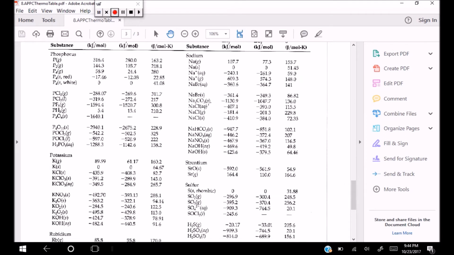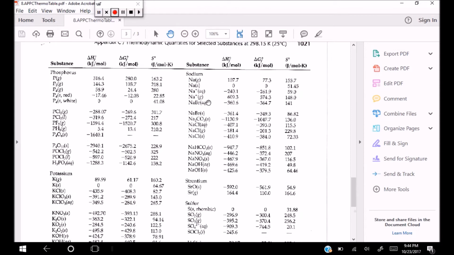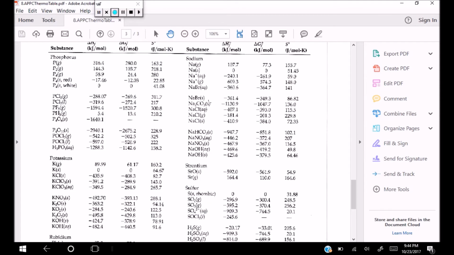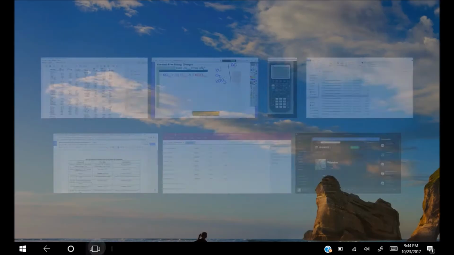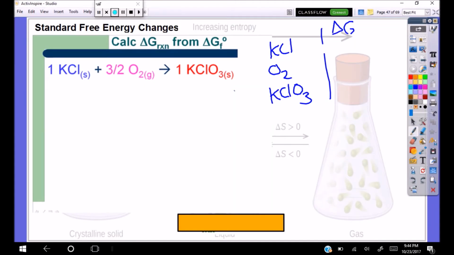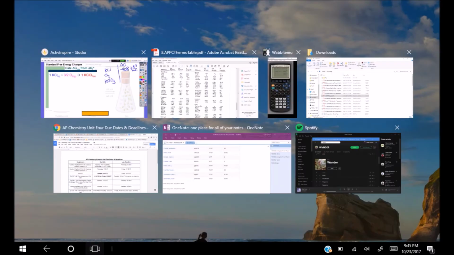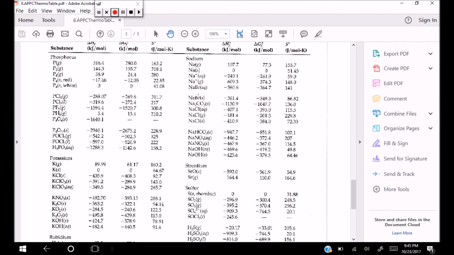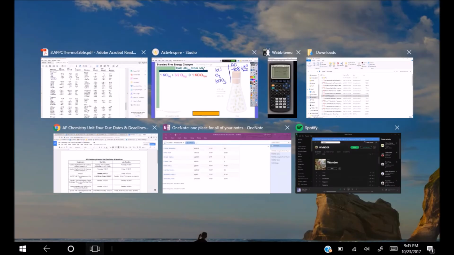If we're looking at this table, delta GF is in this middle column here. So we've got negative 408.3 kilojoules per mole for KCl. KClO3 in the solid state is negative 289.9.